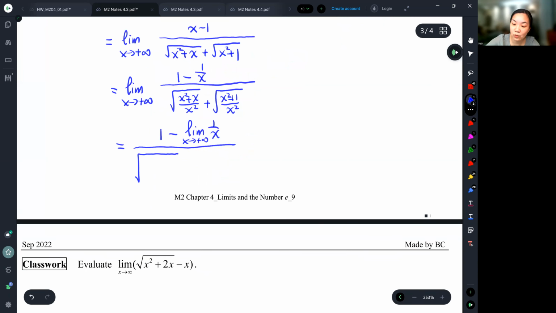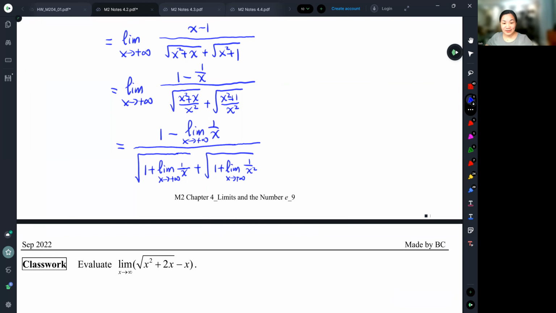This one, I'll write 1 plus this. 1 plus this. You know what I mean? You see, I have fractions everywhere now. Here, here, here, here, here, here. I have 6 places, okay?